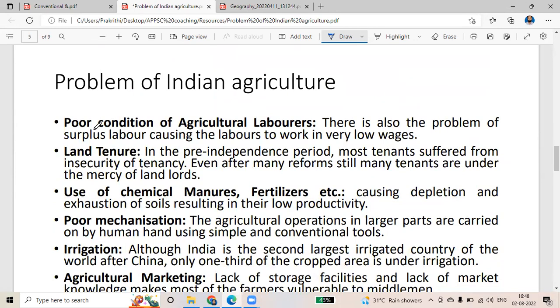Then poor condition of agriculture labors. We have got independence. We have a good agriculture system in India, but still the workers who are working in the agriculture field, that is agriculture laborers, their living condition is very pathetic.